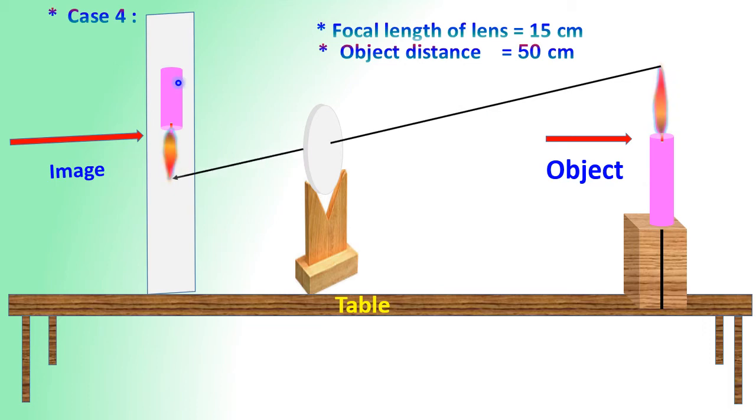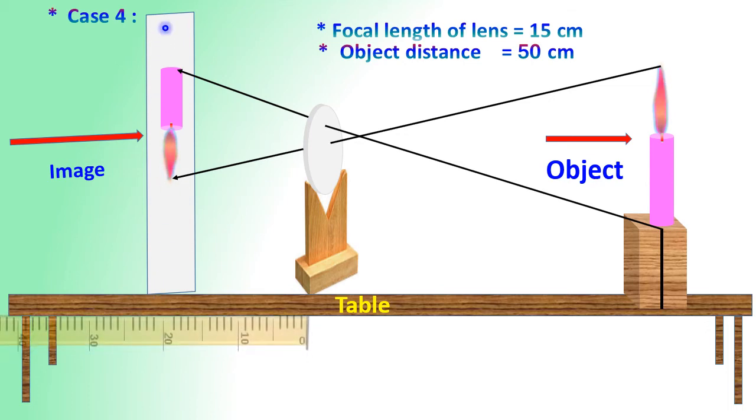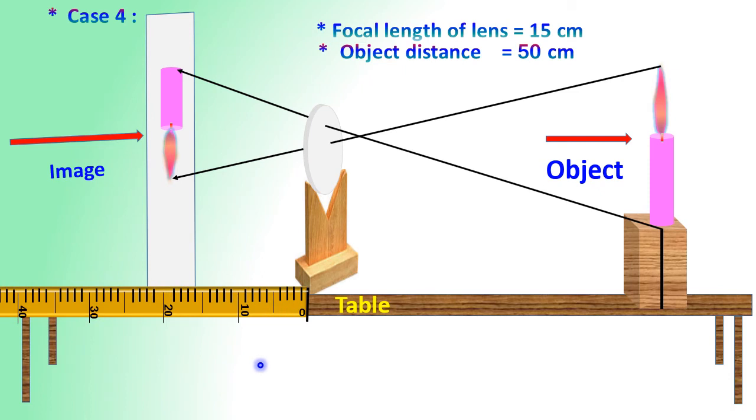These are the two rays to locate the position of the image. Next, now we have to measure the image distance. The image distance is here 22 centimeters.